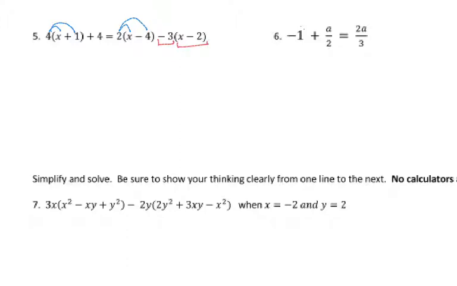So we're literally going to take minus 3 and apply it to everything on the inside of the bracket to get rid of our brackets immediately. So we're going to have 4x plus 4 plus 4 is 2x minus 8 minus 3x plus 6.